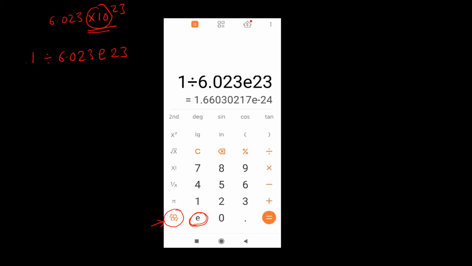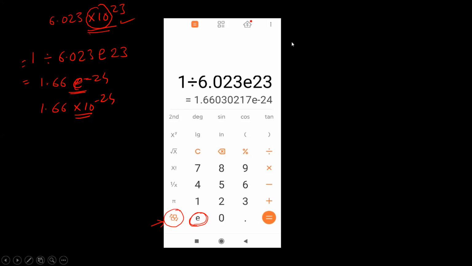Directly it will show the answer 1.66, and then again E minus 24. That means you write it as 1.66 into 10 raised to minus 24. So in your calculator, don't write this term as it is, just use the E function. In this way you will get your answer.